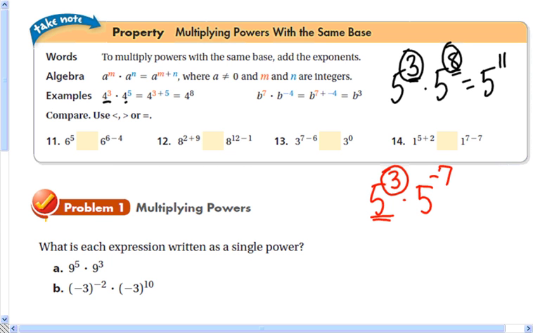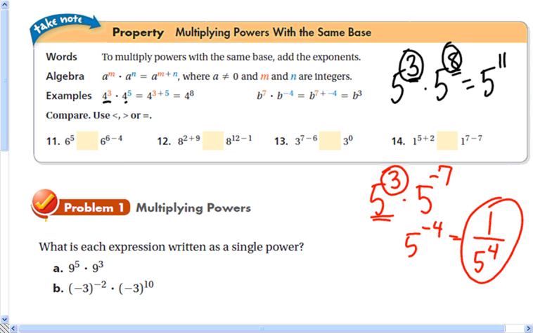So again, it makes sense to add those because the effect of multiplying by 5 3 times and then dividing by 5 7 times is we're dividing by 5 4 times. And to simplify that, we're going to use a positive power. The way we write 1 divided by 5 4 times is like this.